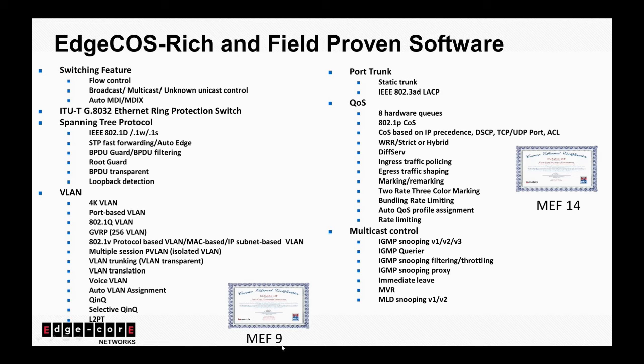MEF 9 means your switch can provide layer 2 VPN, virtual private network, to replace leased lines like T1 and E1. This is the Q-in-Q function. The other one is MEF 14, the advanced QoS function for ISPs, like two-rate three-color marking. Our switch has these two certifications.